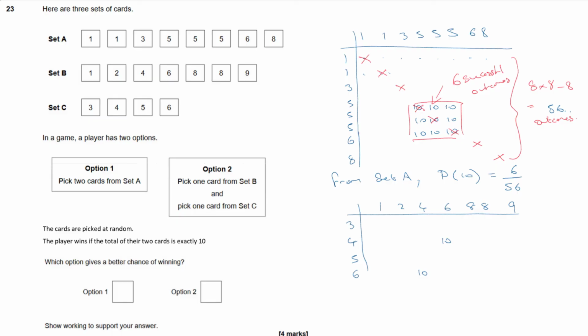So altogether, there are 1, 2, 3, 4, 5, 6, 7. 7 times 4 equals 28 outcomes altogether. Okay, of which there are 2 successful outcomes, aren't there? Just the 2 there. 2 successful outcomes.